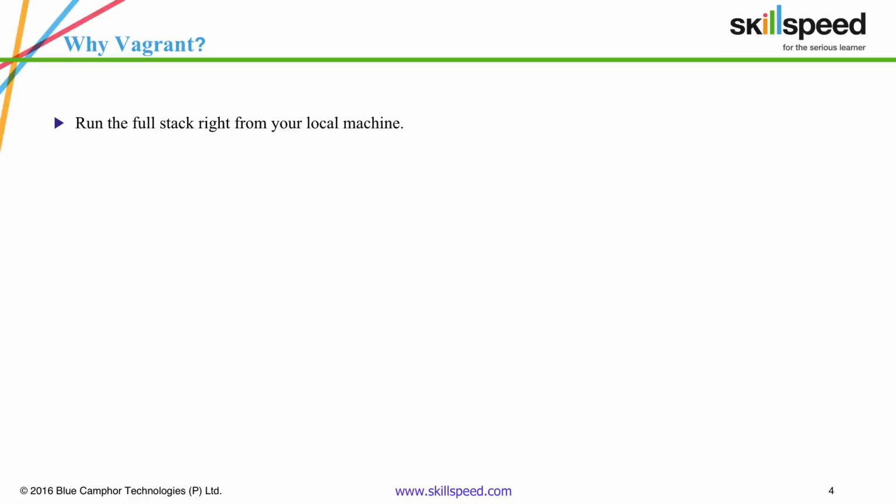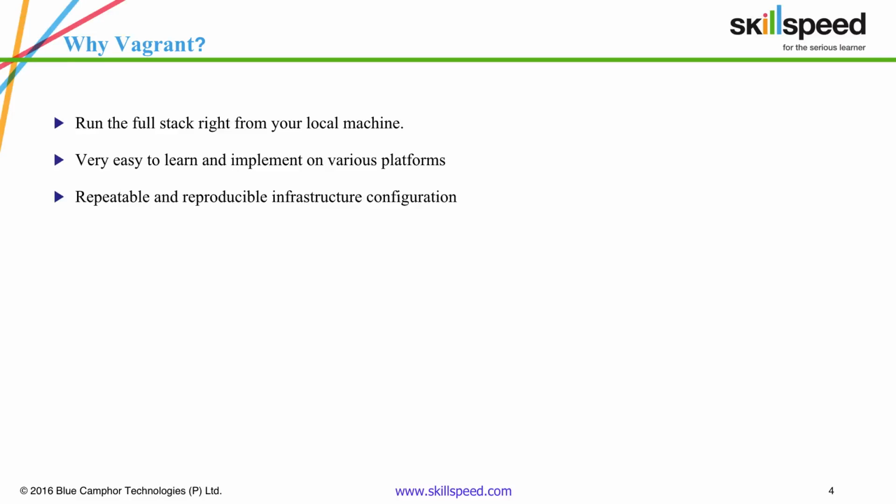You can use multiple flavors of these machines, and you can create a cluster of virtual machines, which, if not impossible, is extremely difficult to create the traditional way using VirtualBox or VMware Workstation and such other tools. It's quite easy, considering the kind of task it accomplishes, to learn and implement on various platforms.